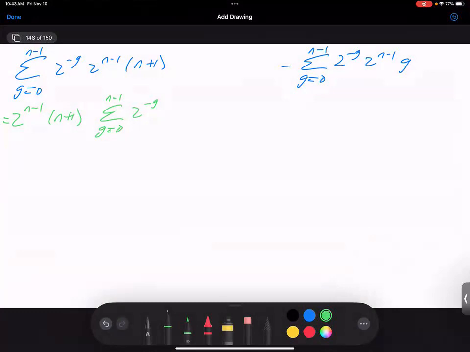It's a very famous, important sum. So sometimes it's all about pattern recognition. Let me try to rewrite it. G goes from 0 to n minus 1 of 1/2 to the g. If I write it like this, is it clearer what kind of sum this is?